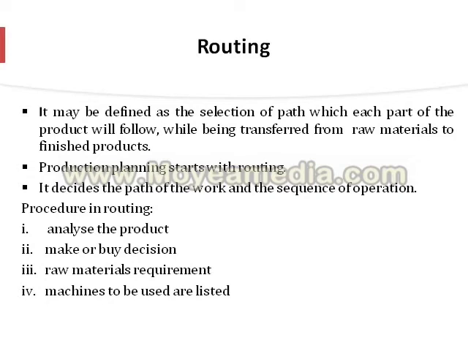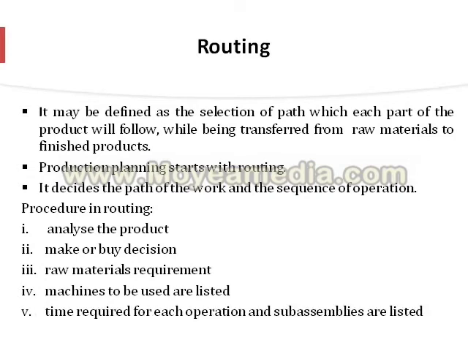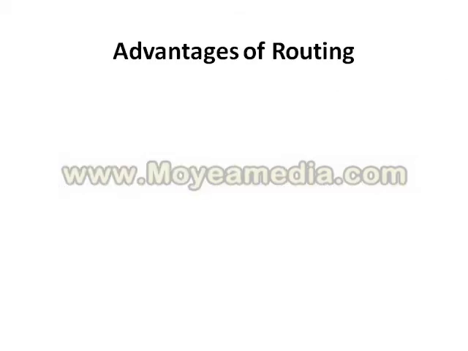So the procedure will be like you will be analyzing the product. You need to decide on a make or buy decision, because definitely you need to run a break-even analysis and all. And then what raw materials you require, machines to be utilized, time, to have an efficient use of your resources.